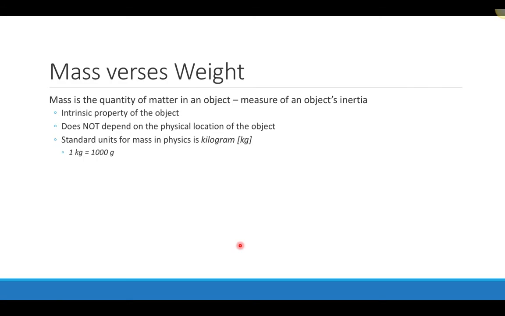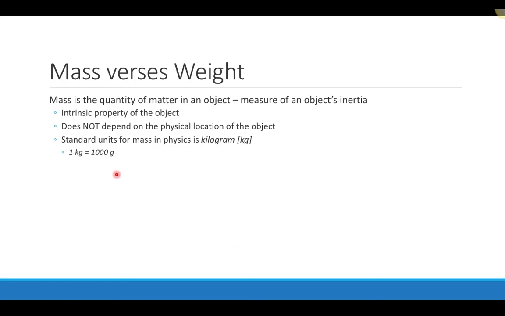If you took the tennis ball in your hand out in space and shook it, you would feel some resistance to changing its motion. But if you took that medicine ball, even out in space, and tried to shake it, you would have more resistance to changing its motion, even without any gravity present. So that means it has more mass, it has more resistance to change.